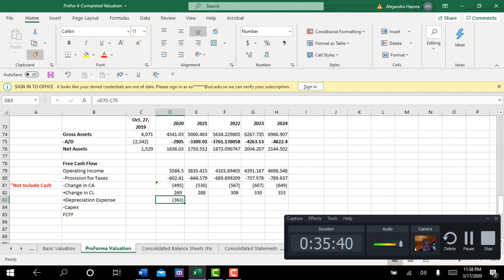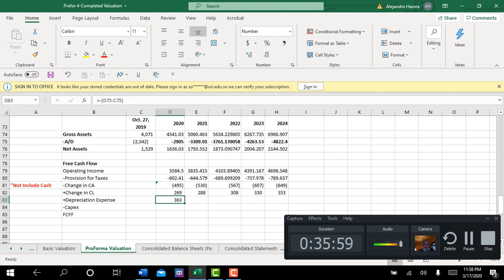That's a negative, but we ought to add it back, so be careful. So let's put parentheses around that and put a negative in front of that, so we get a positive 363.